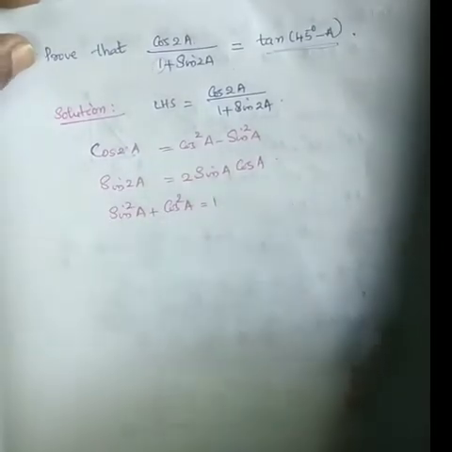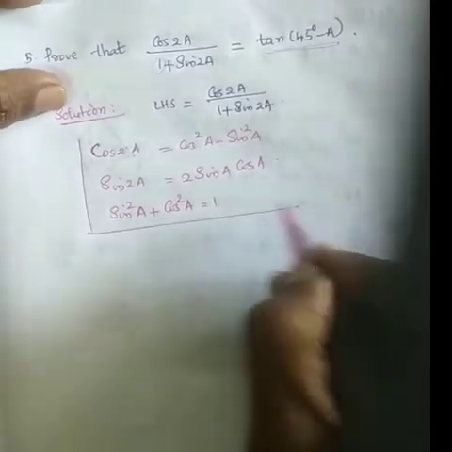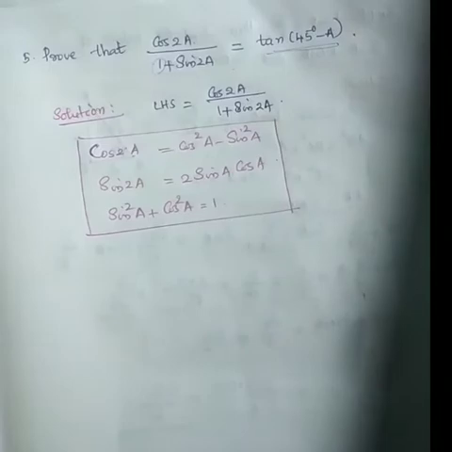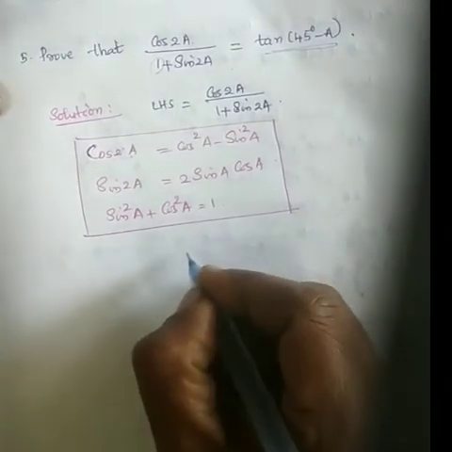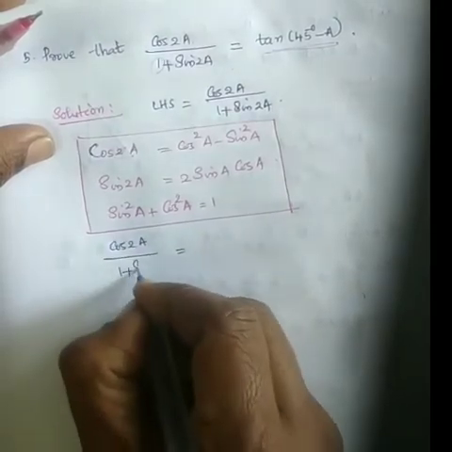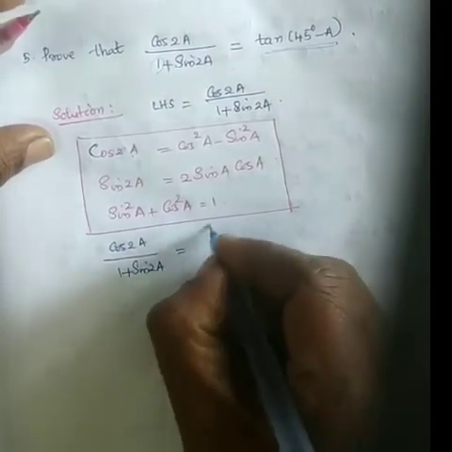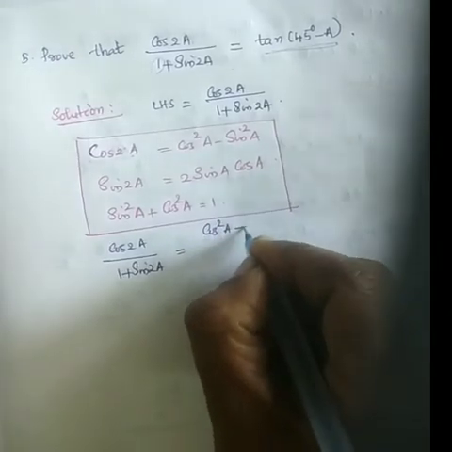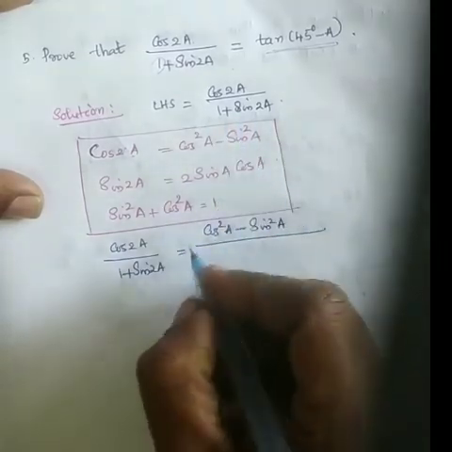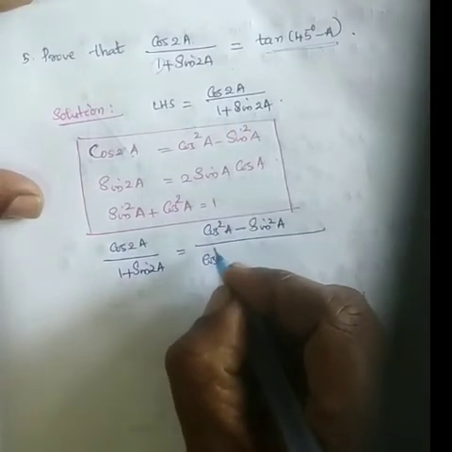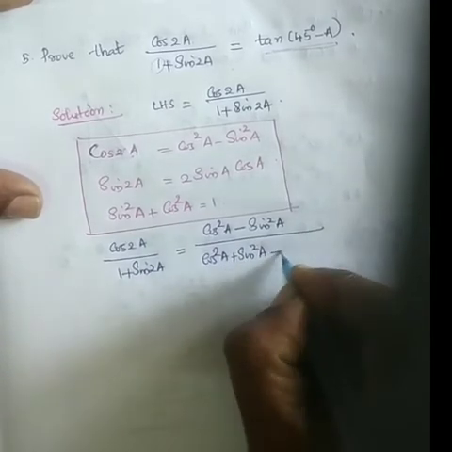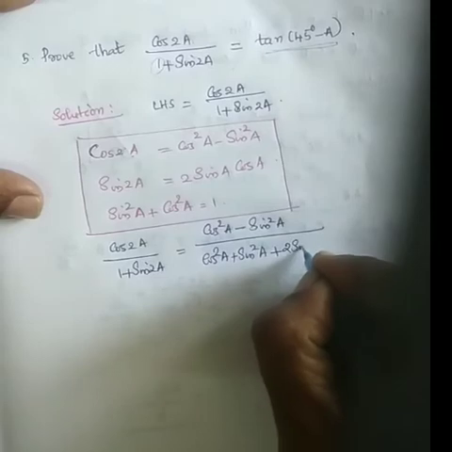And third one, sin square a plus cos square a equal to 1. Okay. Replacing the values, cos 2a divided by 1 plus sin 2a equal to cos square a minus sin square a divided by 1 can be written as cos square a plus sin square a, and sin 2a can be written as 2 sin a cos a.